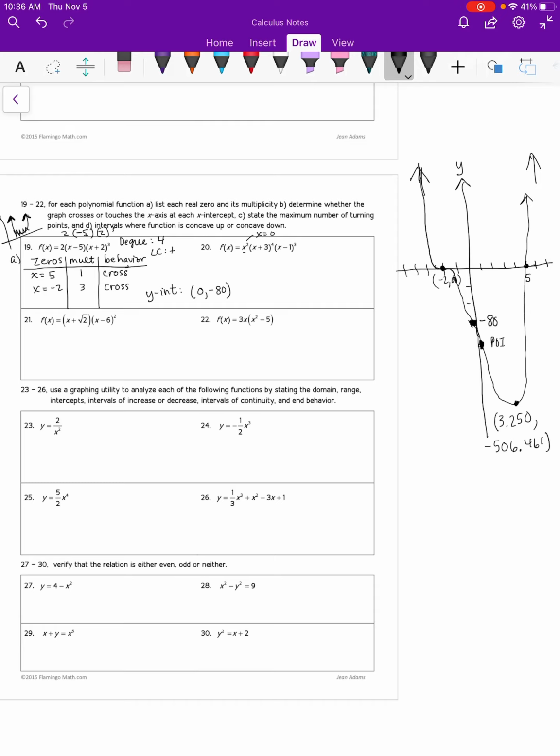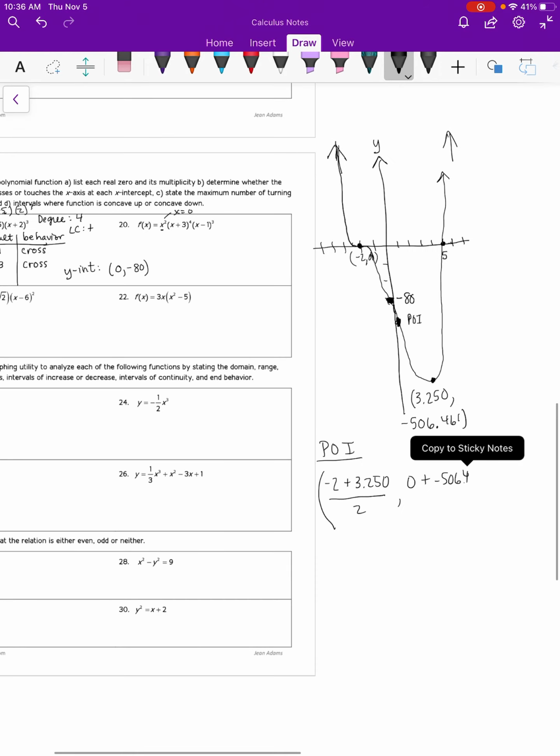So to find that point of inflection, let's show how we're going to find it. We're going to take the x of the one plus the x of the other and divide by 2. We're going to take the y of the one plus the y of the other and divide by 2.